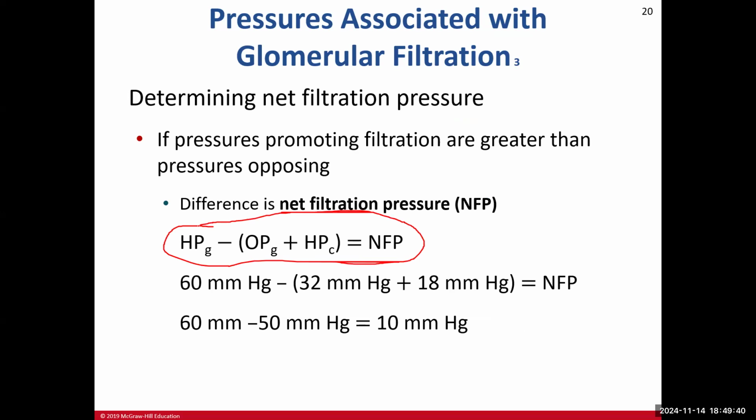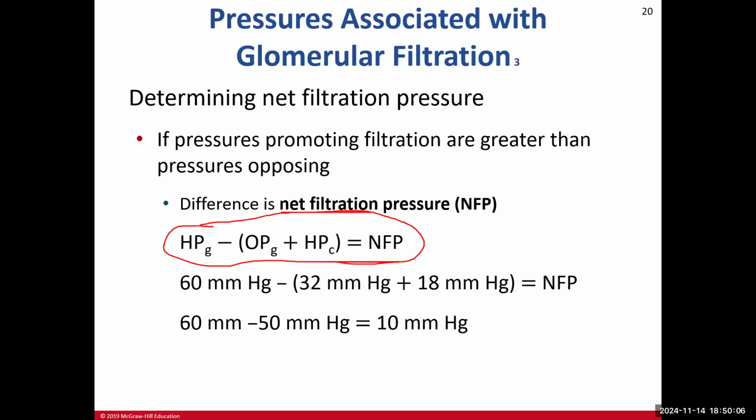That equation, net filtration pressure, is equal to the hydrostatic pressure of the glomerulus minus the sum of the two opposing pressures, which is the oncotic or osmotic pressure in the glomerulus and the hydrostatic pressure outside of the glomerulus in the capsular space.